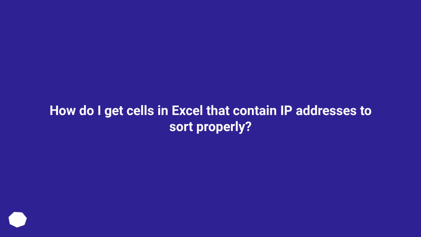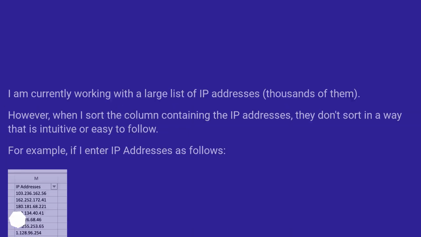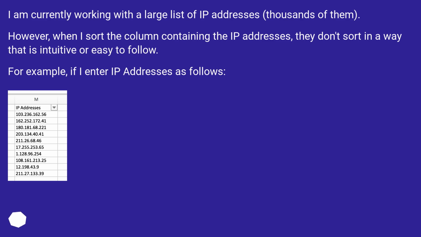How do I get cells in Excel that contain IP addresses to sort properly? I am currently working with a large list of IP addresses, thousands of them. However, when I sort the column containing the IP addresses, they don't sort in a way that is intuitive or easy to follow.